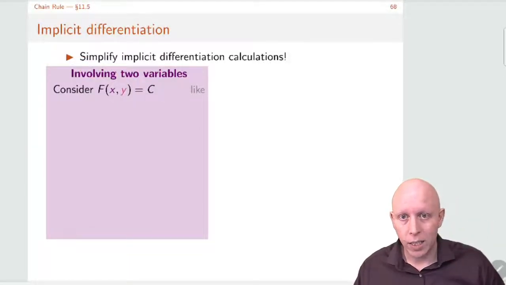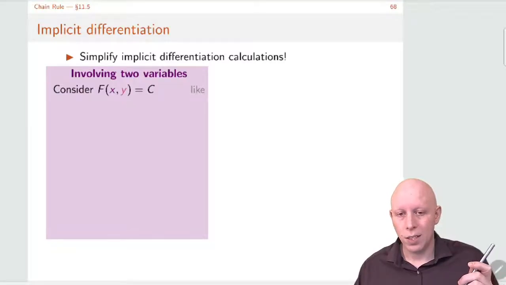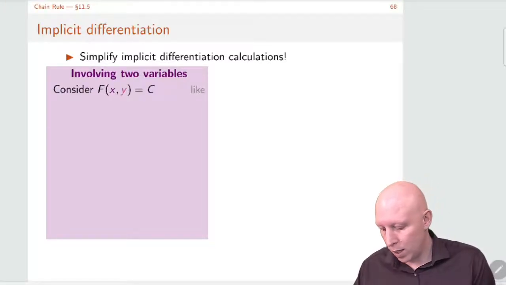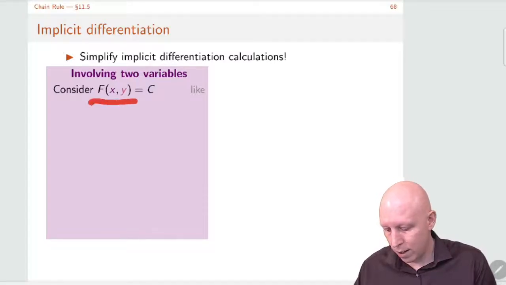Alright, welcome back. In a previous video, we were calculating the derivative of z with respect to x for an implicitly defined function. The techniques of the chain rule allow us to simplify the implicit differentiation calculations. So let's say we have a function of the form f of x, y is equal to c.